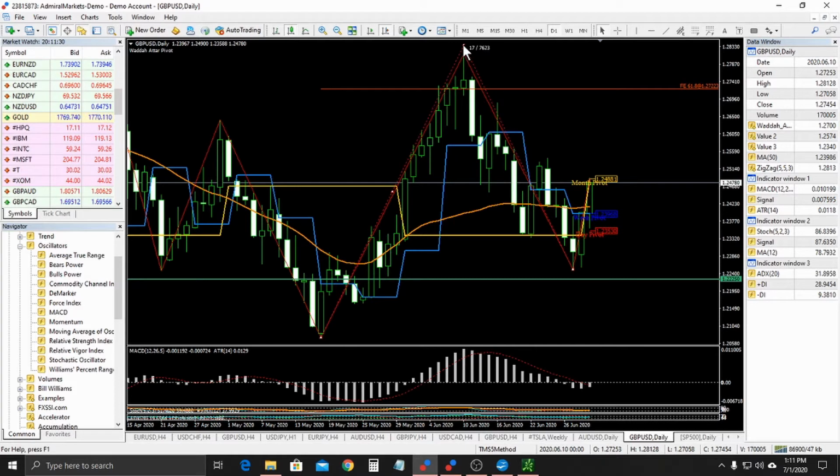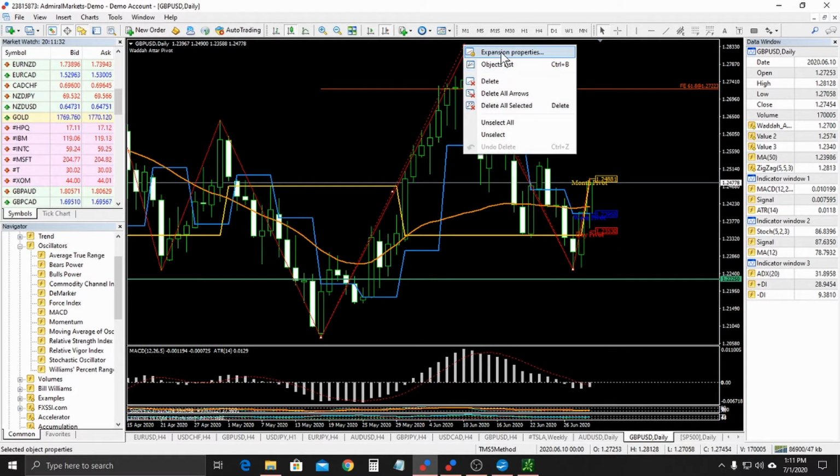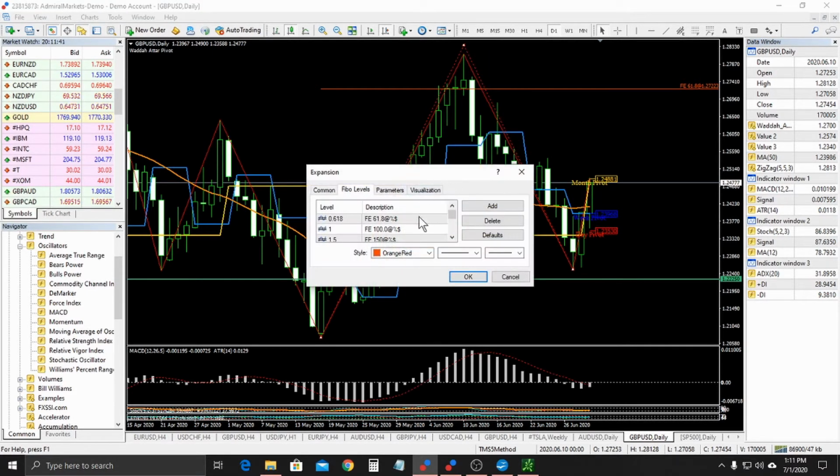On the Fibonacci tools, basically the retracement and the extension, if you go into the properties, next to the line description, you put in the at sign, percent dollar sign, at percent price.